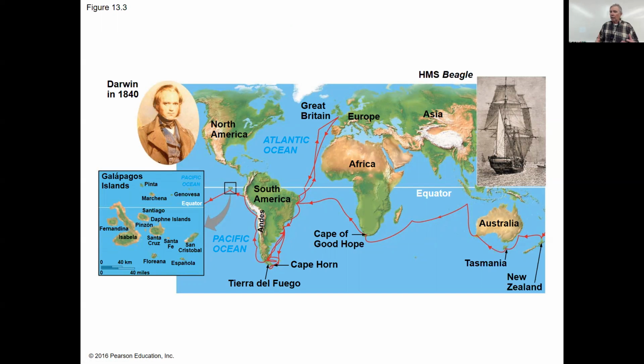That organisms weren't just put on the earth in the form that they are, that they change over time, and they change into whole different types of organisms. Now, he also went across to New Zealand, Australia, through the Indian Ocean, over the Cape of Good Hope, and then up over South America, and finally back to England.